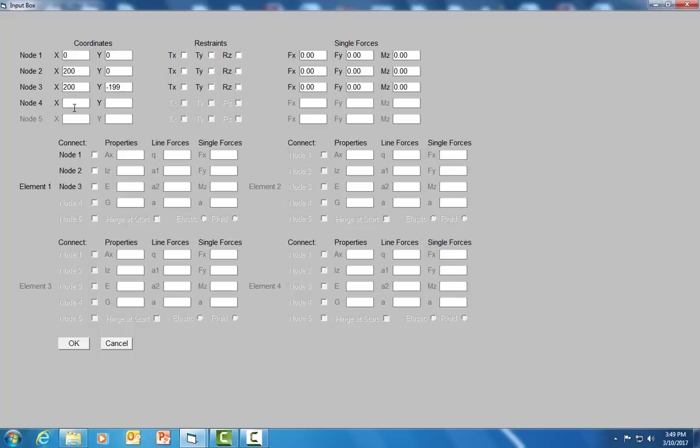And then I have a node 4, and this node 4 is again 0 in X but in y direction, I say minus 100.